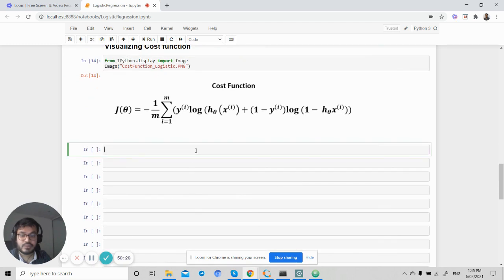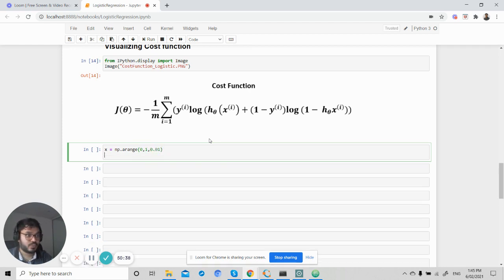So x is equal to np dot arange, from 0 to 1 with an interval of 0.01.